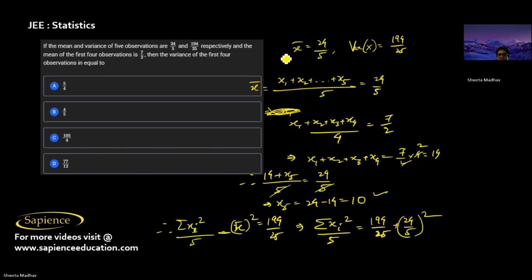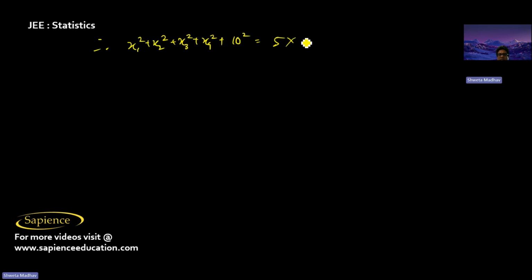So I can say x1 square plus x2 square plus x3 square plus x4 square plus 10 square, which is x5 square, is equal to 5 into (194 plus 24 square) divided by 5 times 25.